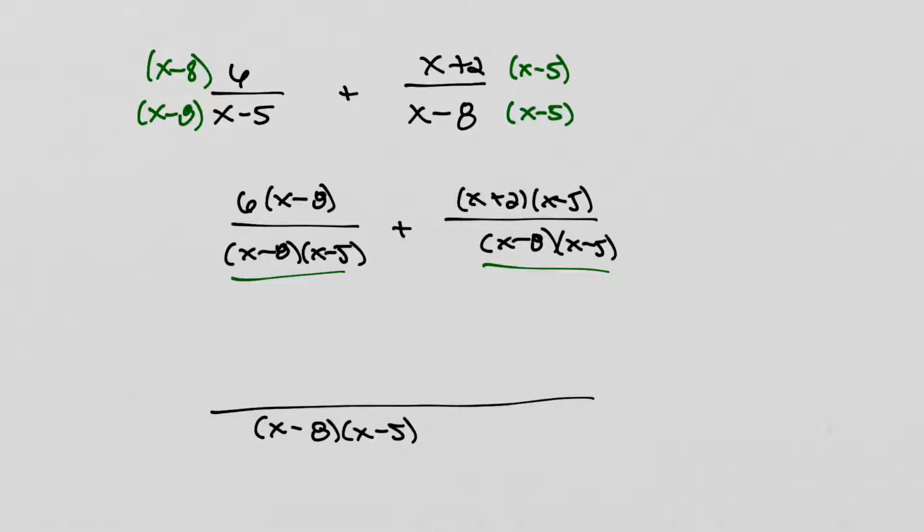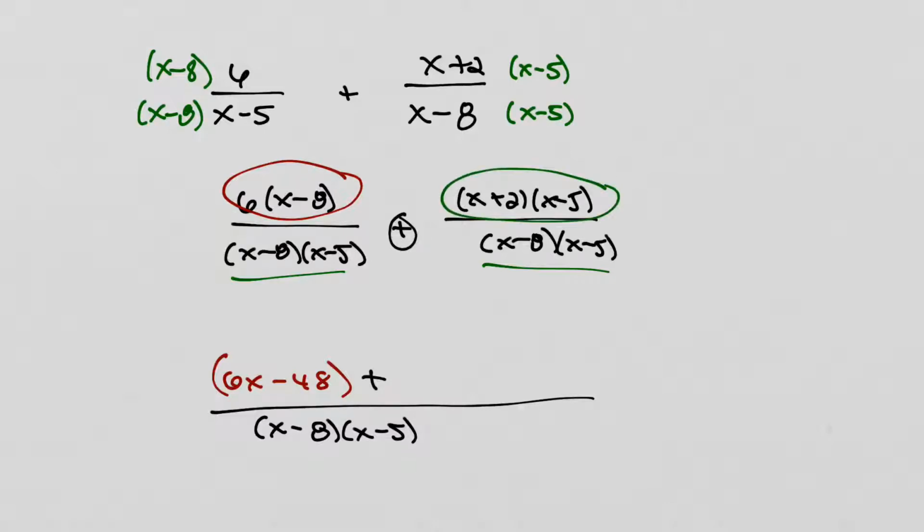And up top, if we just look at this first part, if we FOIL that out, we get a 6x minus a 48. Right? And then don't forget this is a plus right here. And then this part, when you FOIL it out, gives you x squared minus 3x minus 10. And then if we clean up that top part a little bit, I have an x squared.